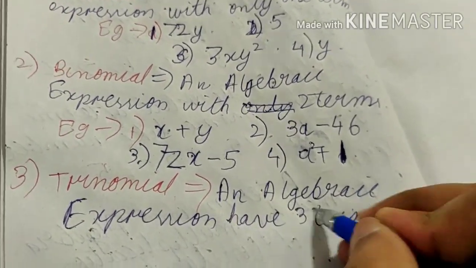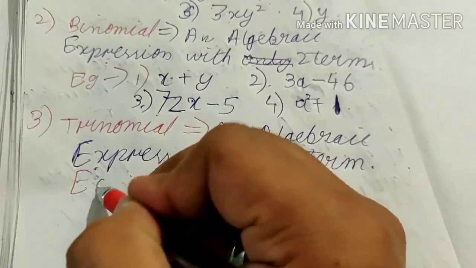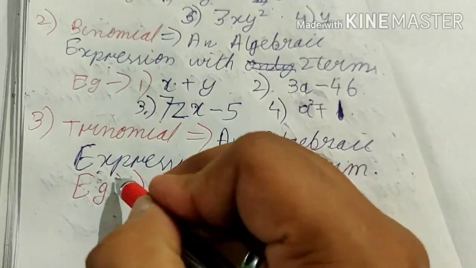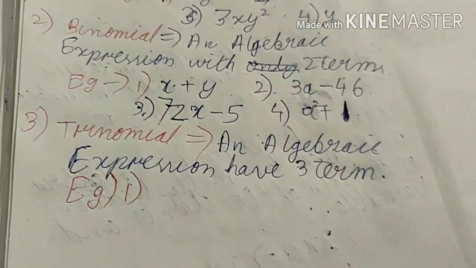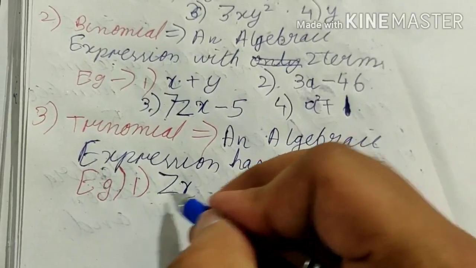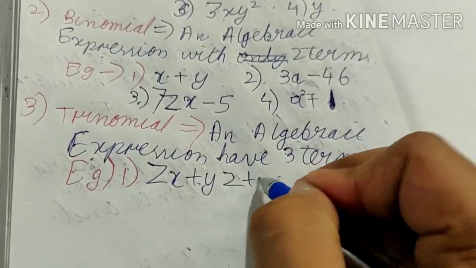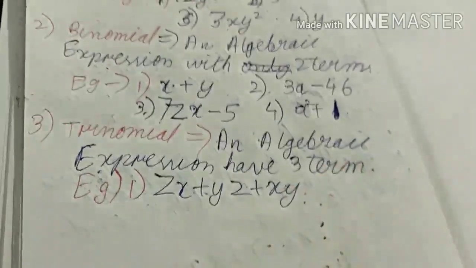Tri means three terms. So what are its examples? First example here is zx plus yz plus xy.